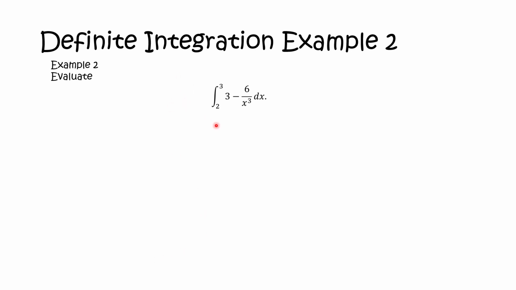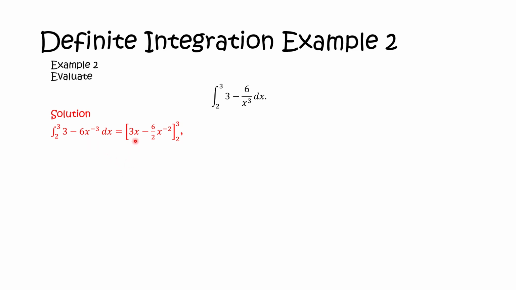With example 2, we have evaluate from 2 to 3 of 3 minus 6 over x cubed dx. As usual, we would apply the laws of indices, recall from our previous videos, so that we have the integral from 2 to 3 of 3 minus 6x to the power minus 3 dx.